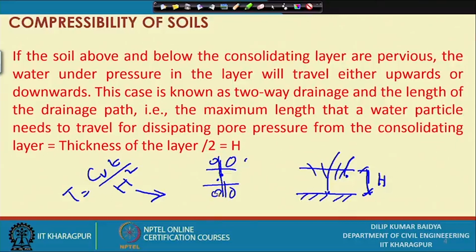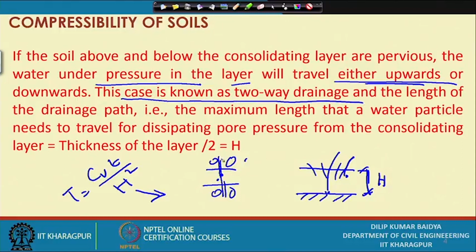So, that is what is mentioned here. If the soil above and below the consolidating layer are pervious, the water under pressure in the layer will travel either upwards or downwards. Because it is under pressure, pore pressure is developed. This case is known as two-way drainage.